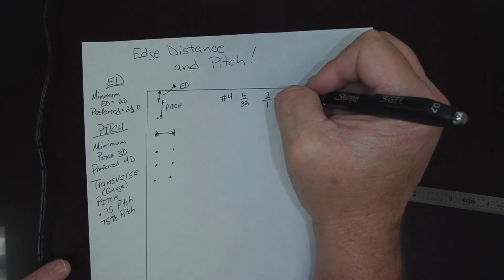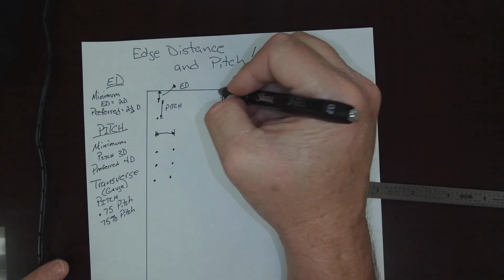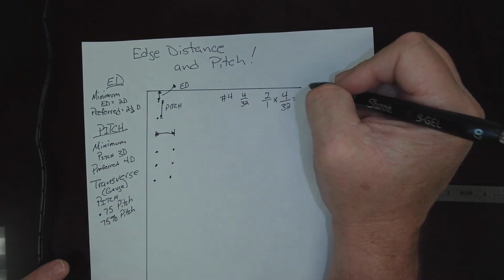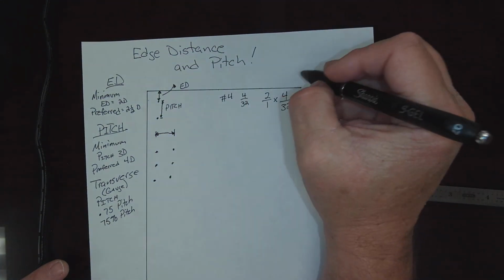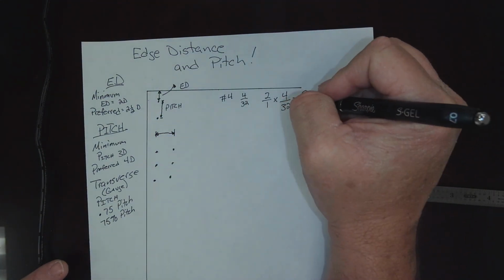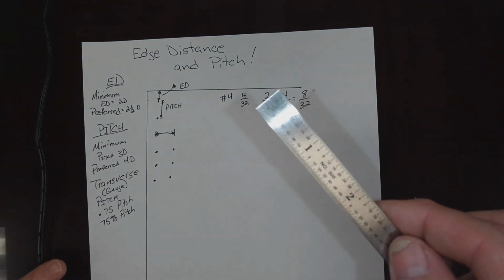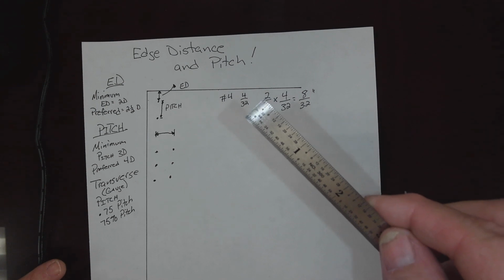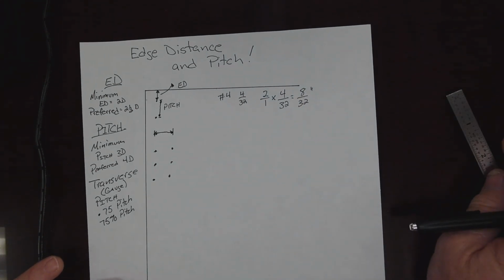That would be 2 over 1 times 4 over 32 for a number 4 rivet. So our minimum distance from the edge of the metal to our first rivet would have to be 2 times 4 is 8, 1 times 32. And once again, guess what? Handy dandy ruler has 32nds, so we could simply measure over 8/32.